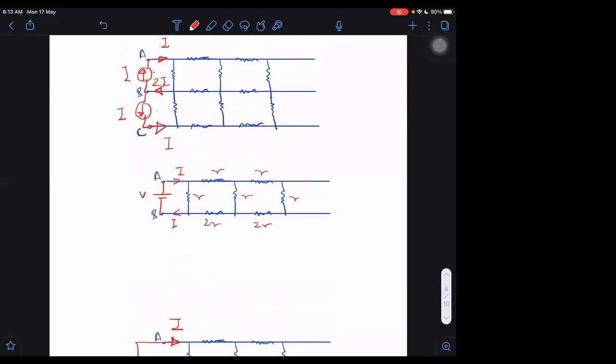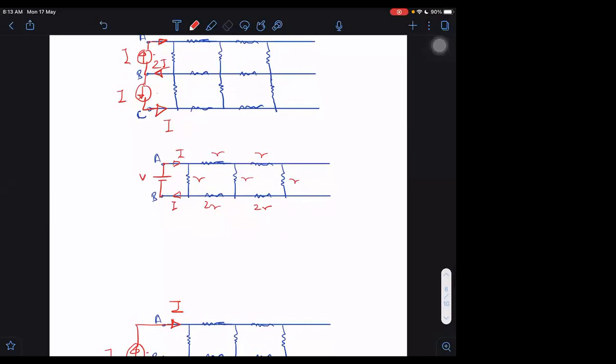Voltage is V here, let us say. What do we get now? Our normal method is one, 2 in parallel with... Not like this.